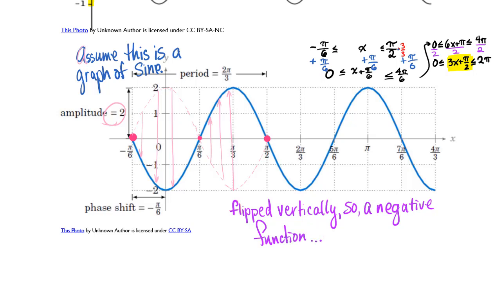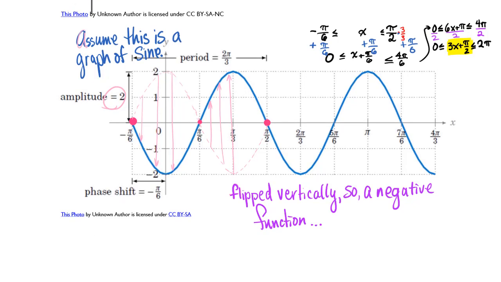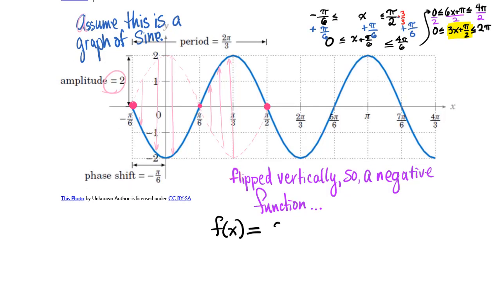And from all of that information, we should be able to graph this. f of x is equal to amplitude 2 sine of the stuff highlighted in yellow in the middle of the tripartite inequality, 3x plus pi over 2, and the only thing we're missing is the negative sign out front.